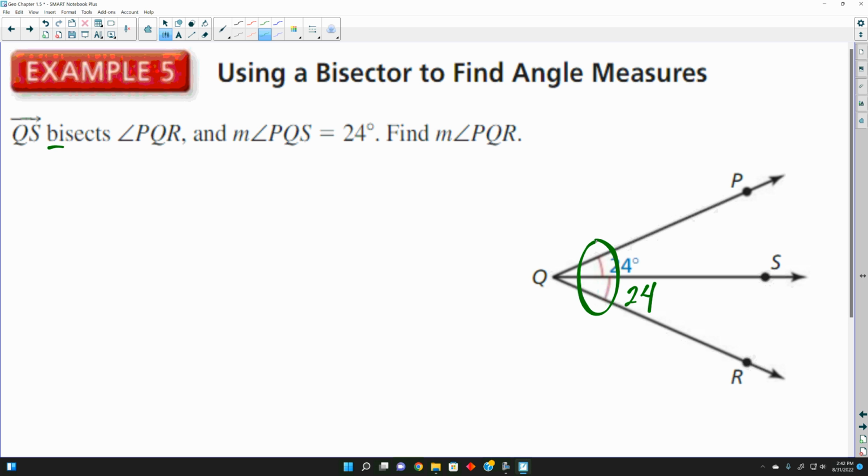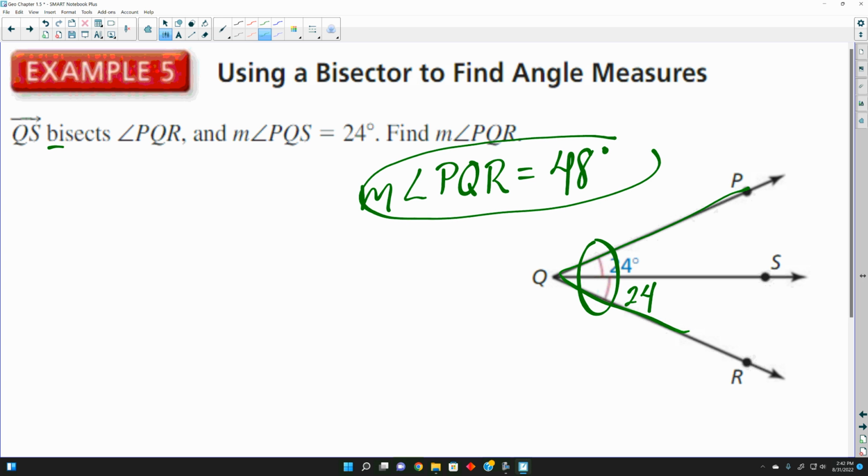If we have them, it means they are equal. So what is the measure of angle PQR? Each one's 24, and 24 plus 24 is 48. And that's it. Questions on this here?